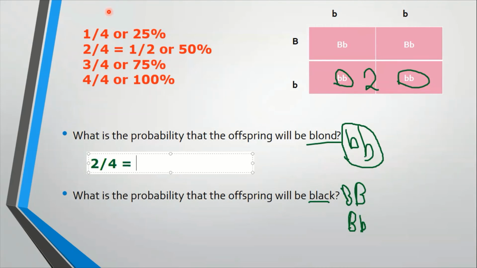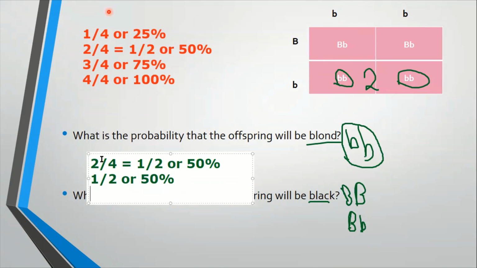That is equal to 1 out of 2, or 50%. You can write 1 out of 2, or 50%. You can also write 2 out of 4, or 50%. If you wrote any of these answers, it would be correct.